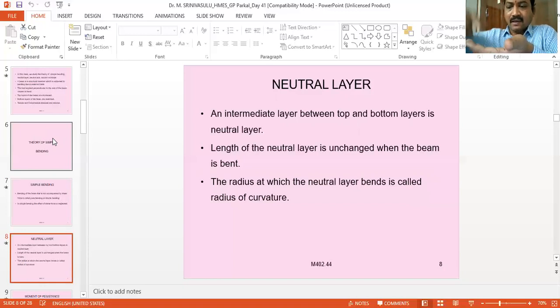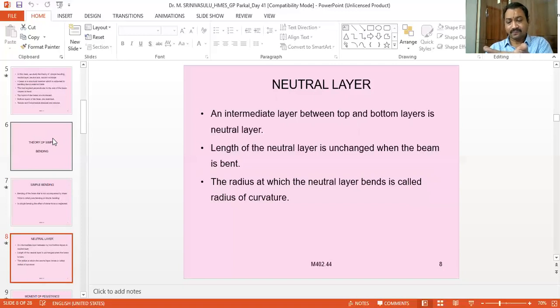The straight beam is now becoming bent like this. That means it is forming a curvature. If you assume that the center of this curvature is somewhere here, the radius of the innermost layer is less, whereas the radius of the outermost layer is more as compared to the innermost layer.